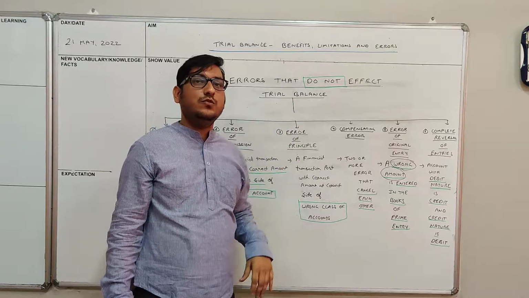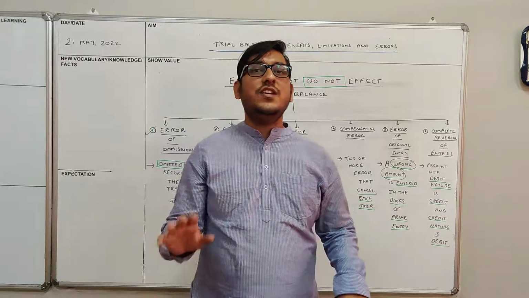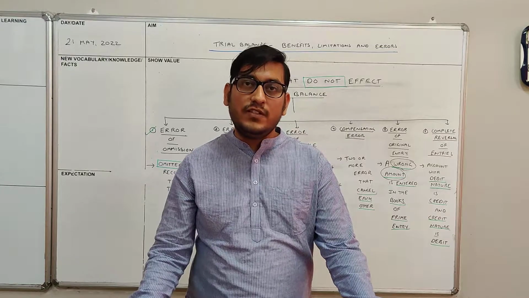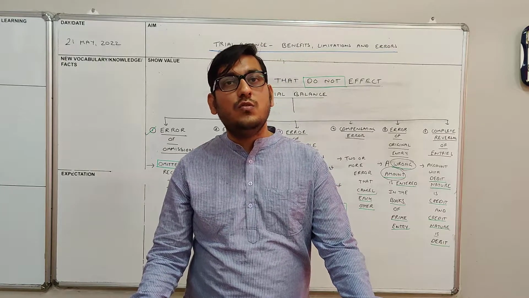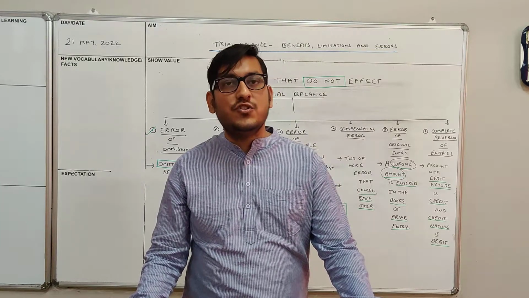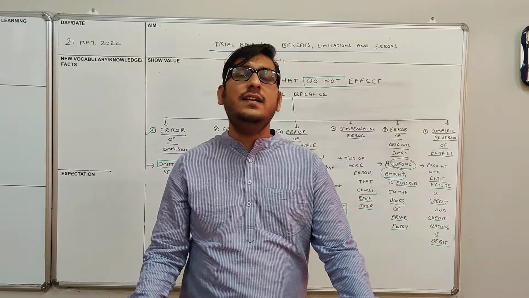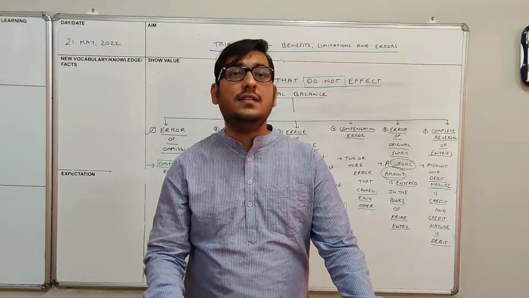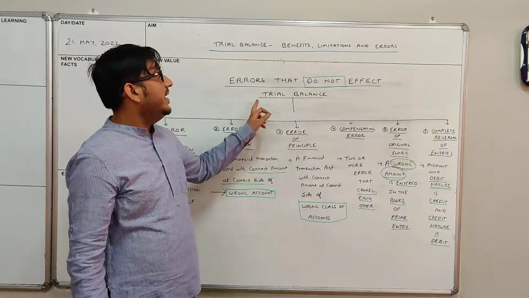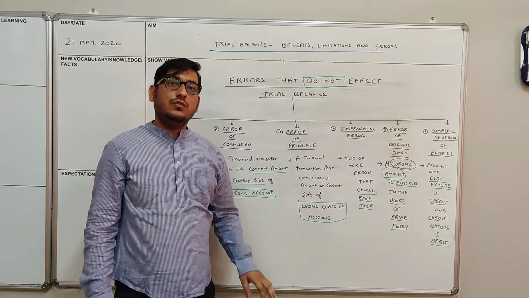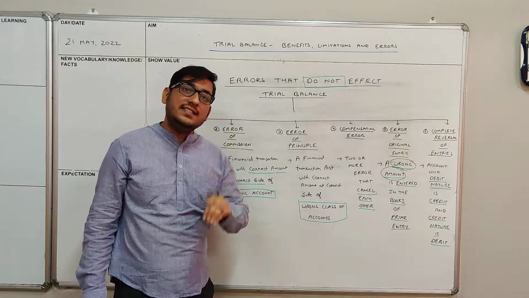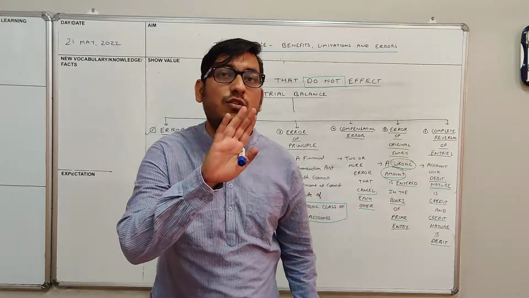The prima facie role of the trial balance is to check the mathematical accuracy, to check all accounts are properly accounted, and to check whether all debits equal all credits, that is to satisfy the duality concept. But some errors do not affect the trial balance. So there are some errors which exist in the books of accounts, but they do not affect the trial balance.